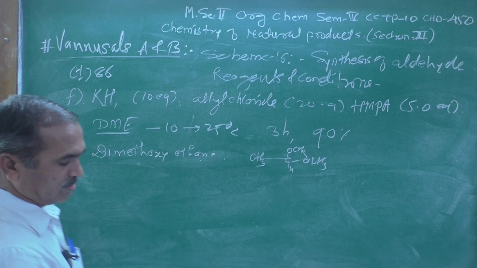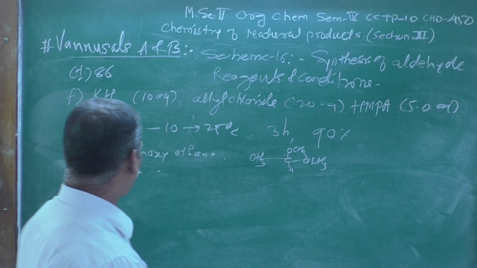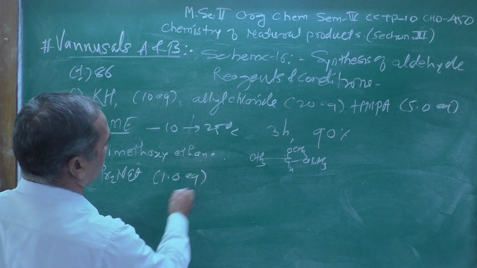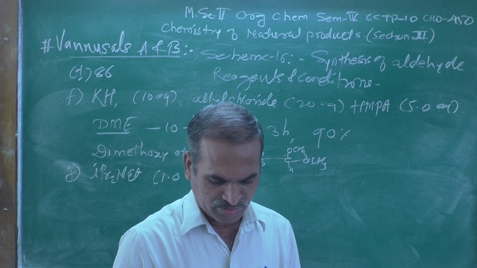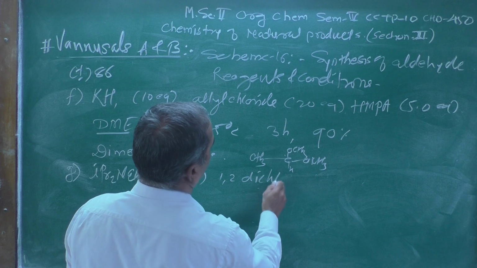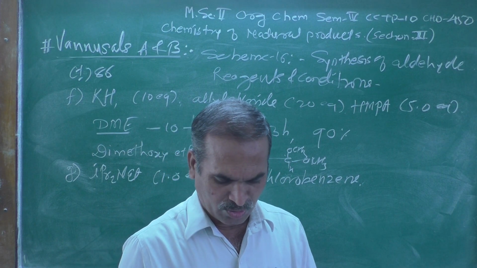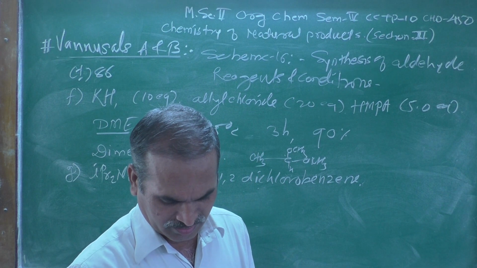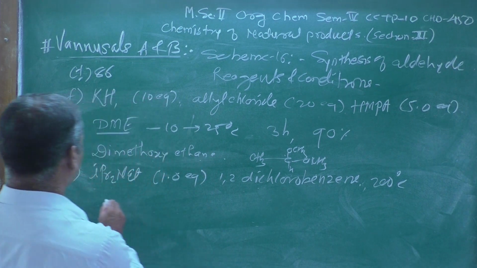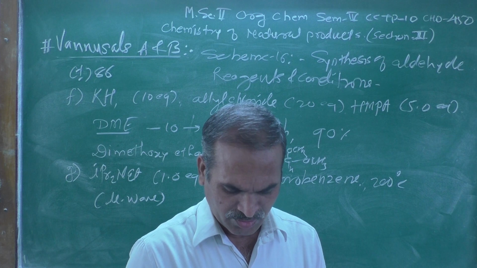After F there is the G reagent, and the G reagent was iPr2NEt, that is diisopropylethylamine, which was taken around 1.0 equivalent, and then 1,2-dichlorobenzene, and after that 200 degrees centigrade in a microwave, and then 20 minutes.